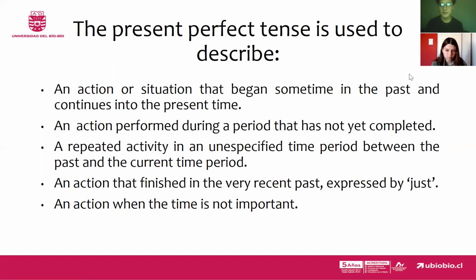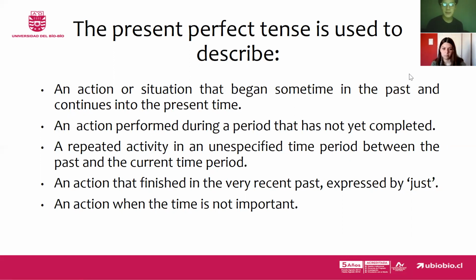Another is a repeated action in a specified time period between the past and the current time. In this case, it's an action that we have done many times in the past, and we are going to do it in the future.